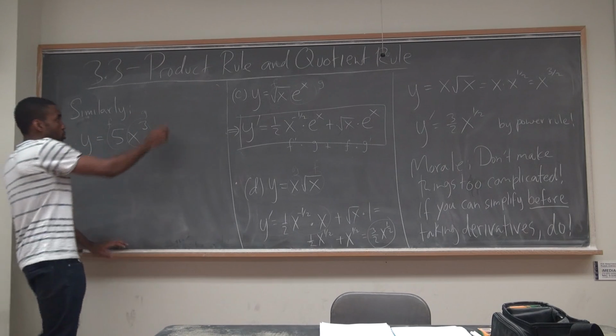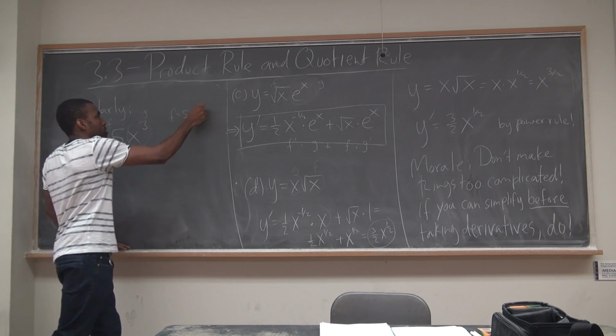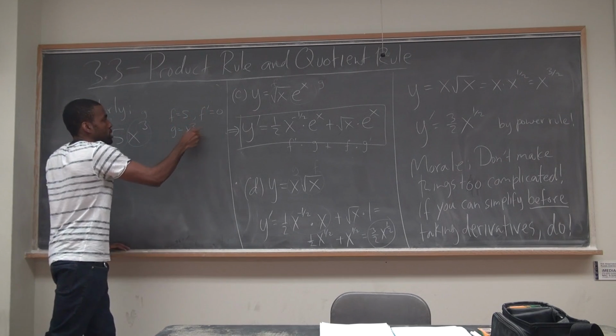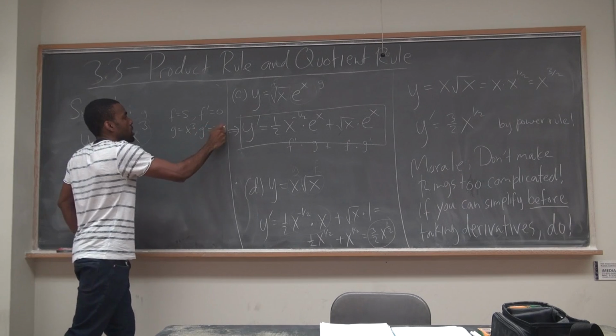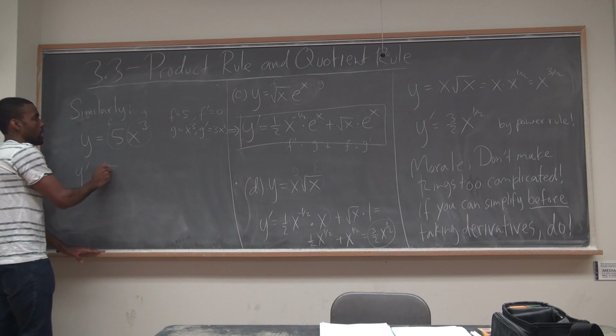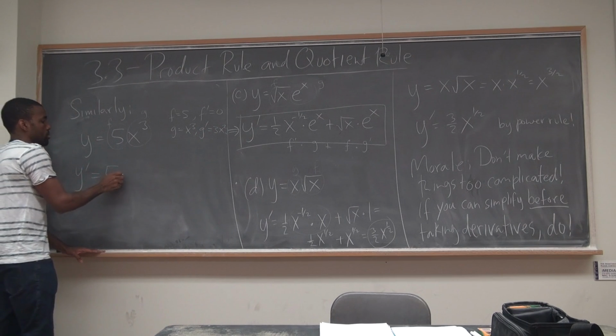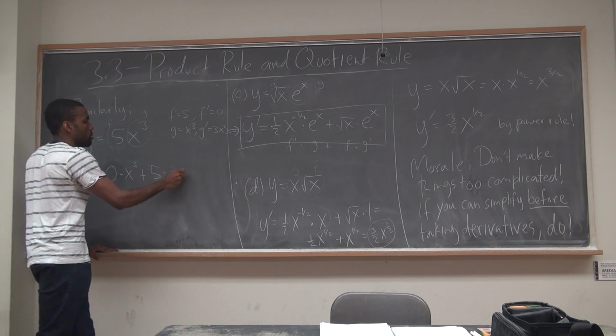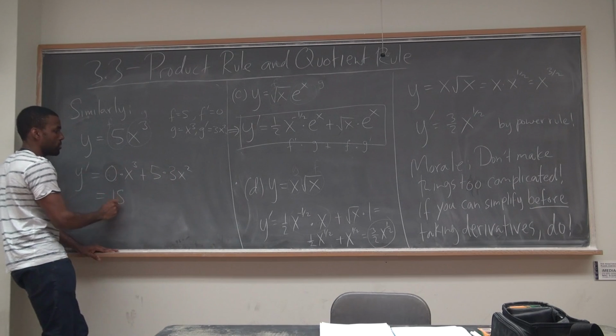My f is 5, so my f prime is going to be 0, and then my g is x cubed, so my g prime is going to be 3x squared. And so then I can take my y prime to be f prime times g plus f times g prime, and end up with 15x squared.